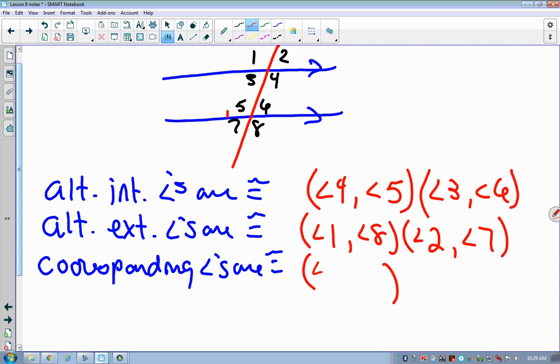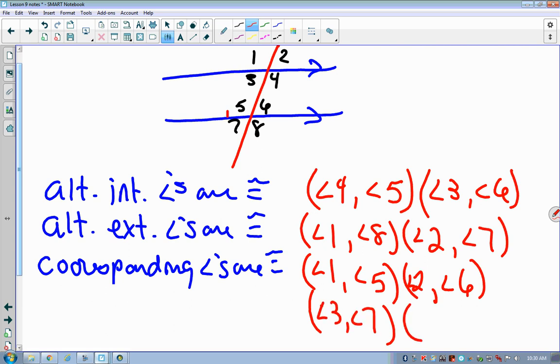Anybody else see a set of corresponding? 2 and 6. Anything else? 1, 5, 2, 6. What else? 3, 7. What else? 4 and 8.